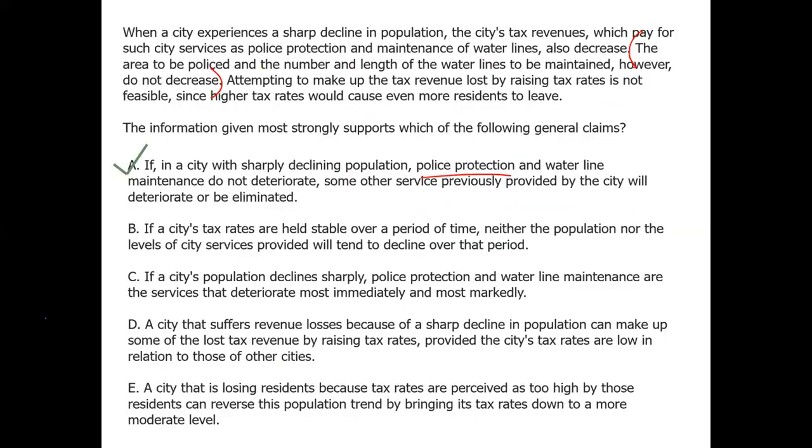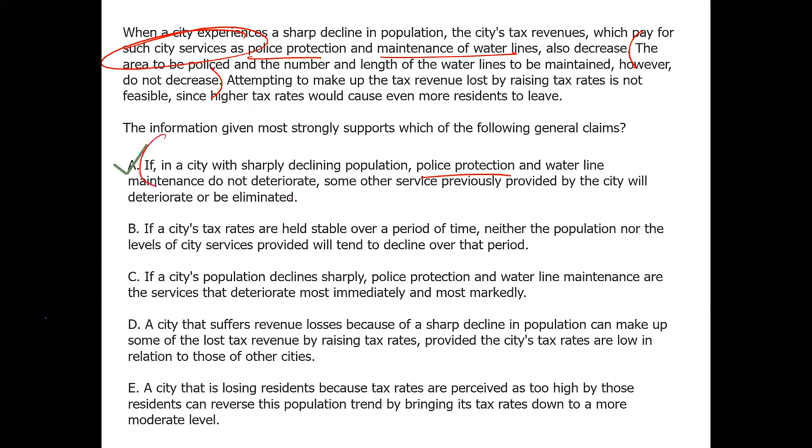No. And that's the thing, because police protection and water maintenance is just given as an example here. So the author is not saying that these are the only two services that are provided. So the author is not saying that these two services will not decrease.